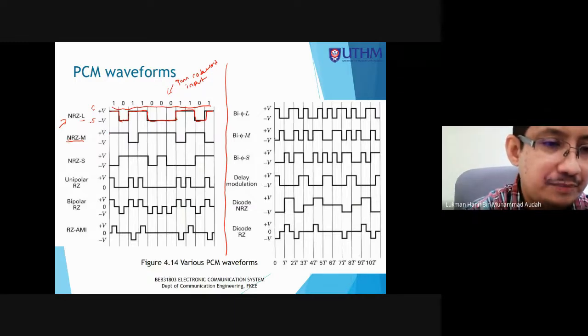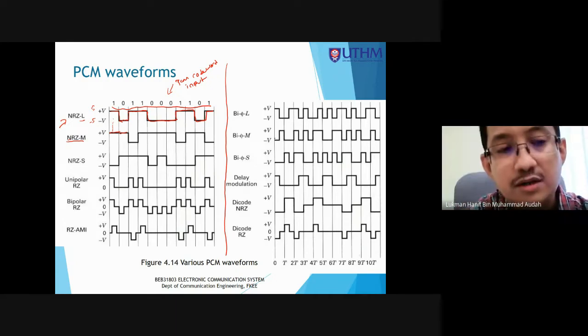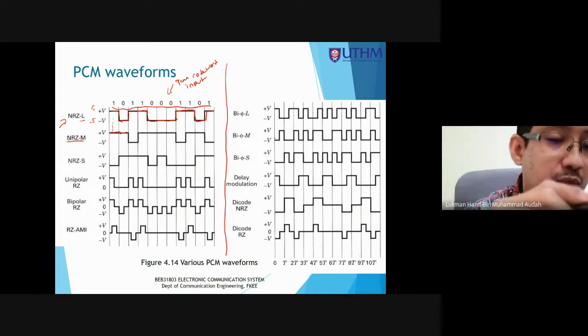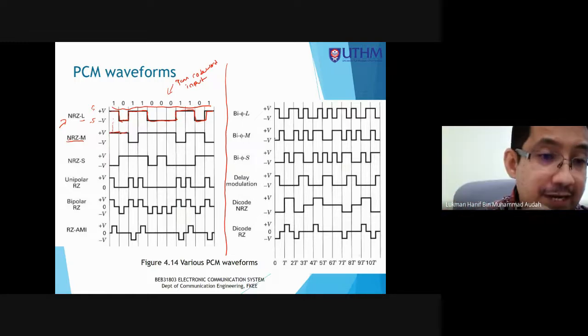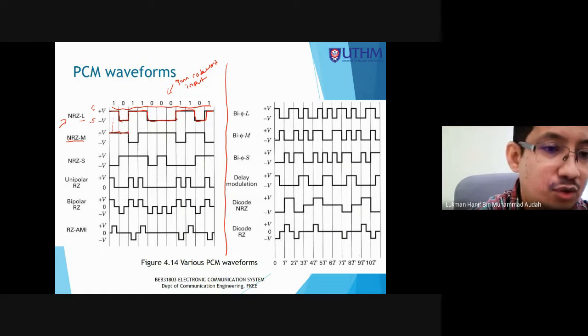Bermakna kalau you lihat input logic 1 ni, input logic 1 positive output, and then input logic 0, no change, tidak berubah. Kemudian input logic 1, the next is input logic 1, it will change polarity from positive to negative.